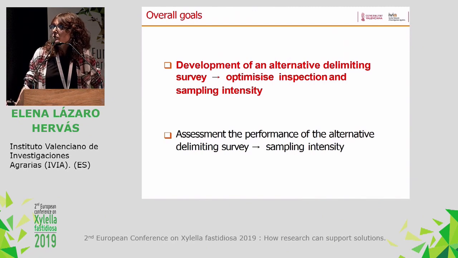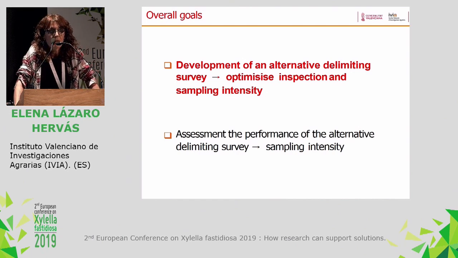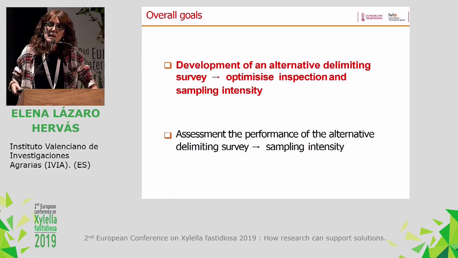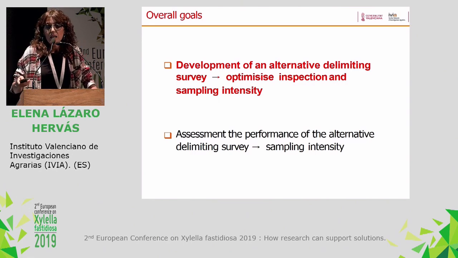Our work follows a twofold objective. The first one is to develop an alternative delimiting survey because we want to optimize inspection and sampling intensity. For now, I am going to focus on explaining some of the methodological aspects that we have taken into consideration in order to develop this strategy.